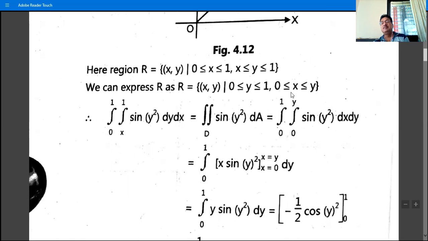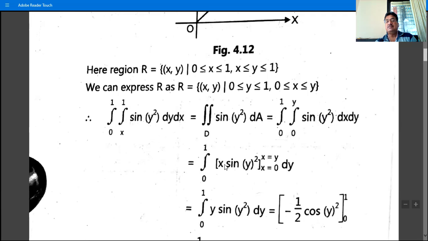Then we have this limit, and sine y square is now constant with respect to x. So its integration is x into sine y square, because now the integration is with respect to x, and sine y square becomes constant. Here sine y square with respect to y is variable, and finding the integration of sine y square is much more complicated than this.